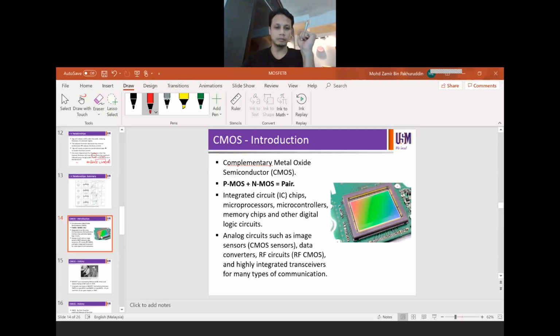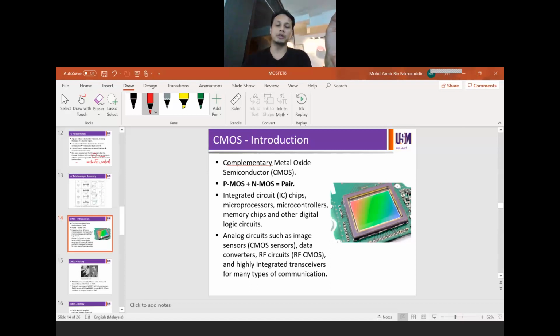CMOS is also called complementary metal oxide semiconductor. Usually the basic that we learn is called MOSFET. But when we talk about manufacturing or semiconductor fabrication, like Silterra, Infineon and others, it's not called MOSFET, it's called CMOS.